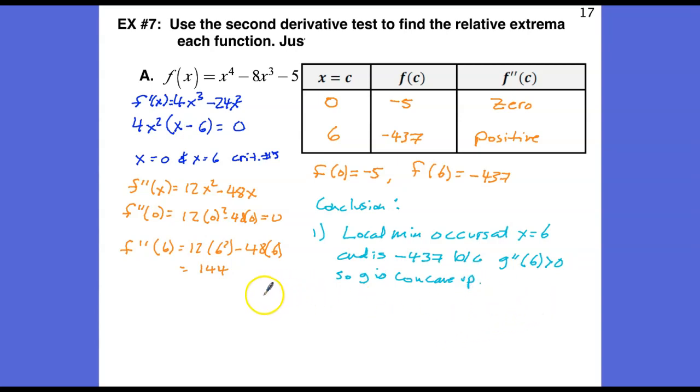So the idea is if it's concave up on that interval, then that critical value doesn't correspond to a maximum, it corresponds to a minimum. And then number 2, we can draw no conclusion about x equals 0 since f double prime of 0 is equal to 0.